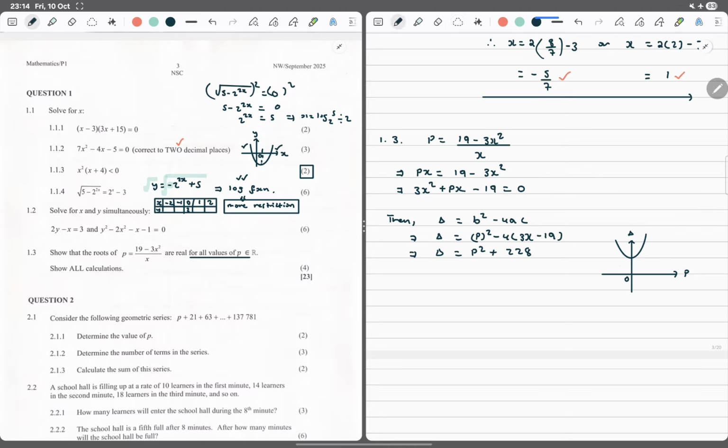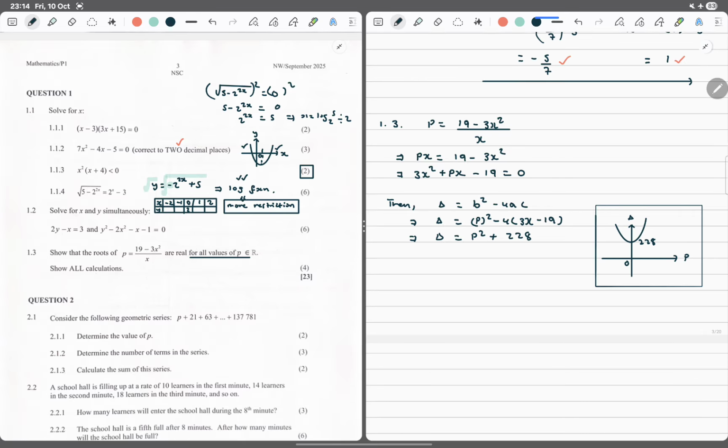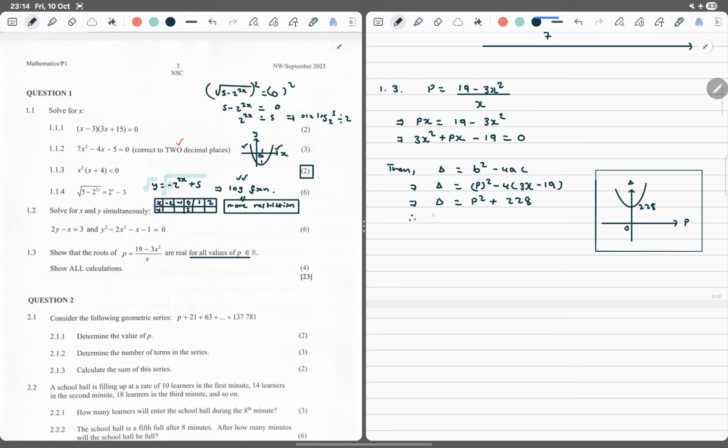Okay. So our discriminant function would perhaps look like that on the Cartesian plane. So the minimum value is 228. Can you see? This means it is positive for all real values of p. So this could be part of the solution, obviously, but we would just know that this means that our delta is forever positive.